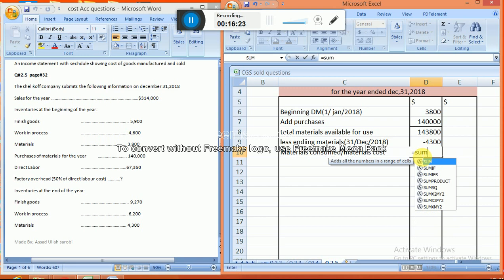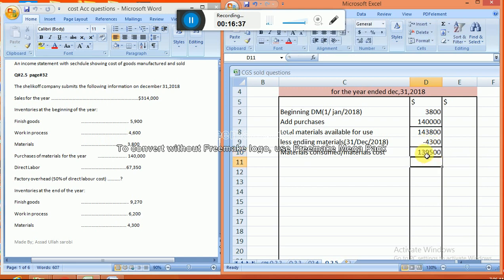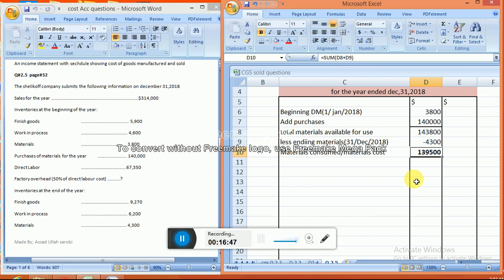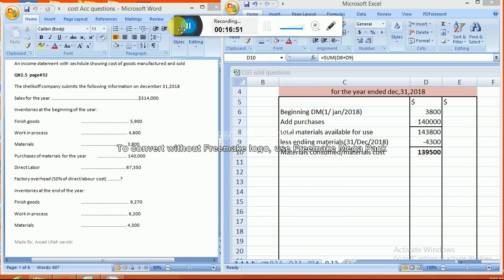So we will calculate simply. How? Look, the total material is the 1,43,800, and now the remaining is 4,300. So we will subtract the 4,300. It means that the 1,39,500 material we used during the year 2018. Look at this. This shows us why we are subtracting the ending and why we are adding the beginning.